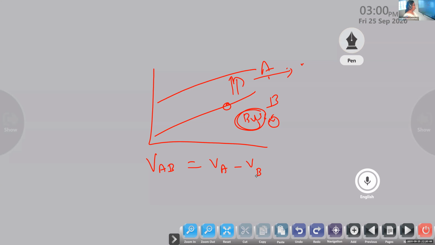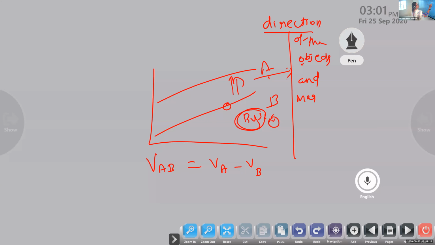Now, how the sign is changing depends upon the direction of each object. So how this value changes, minus 10 or plus 10, is fully dependent upon the direction of the objects and the magnitude of velocity.